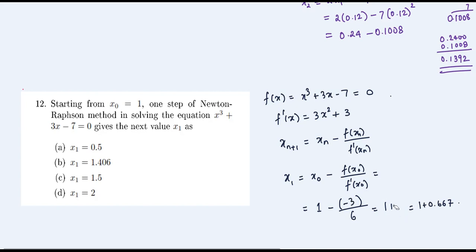So this is 1 plus half, which is 1.5. So x1 is 1.5.